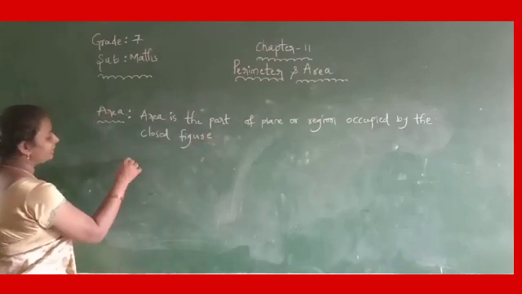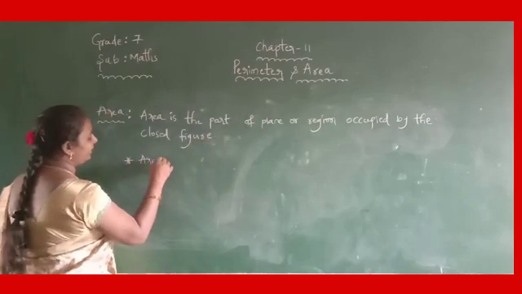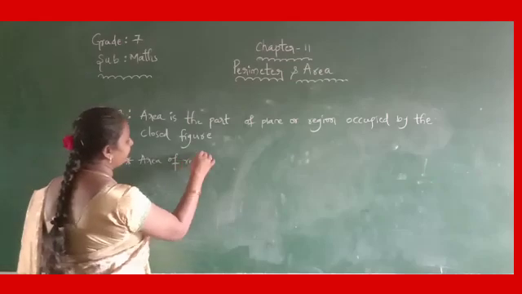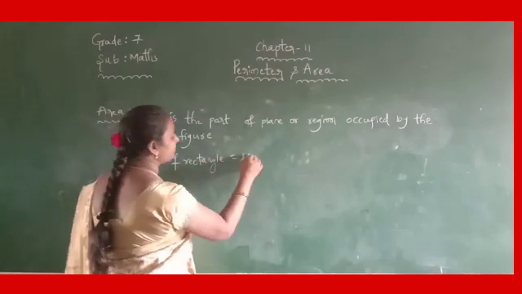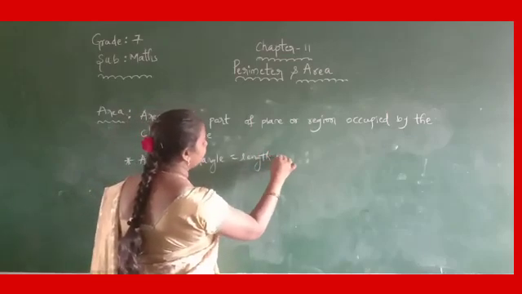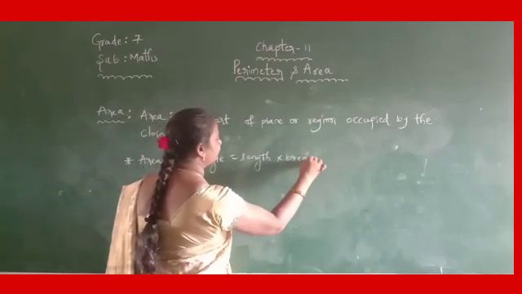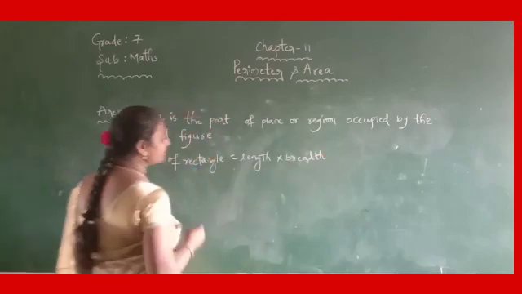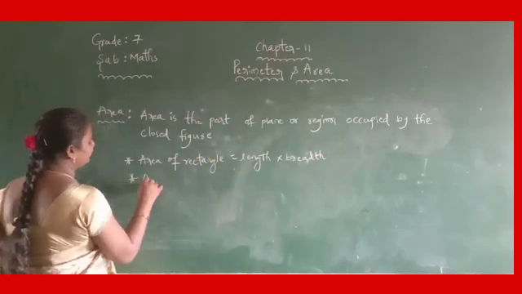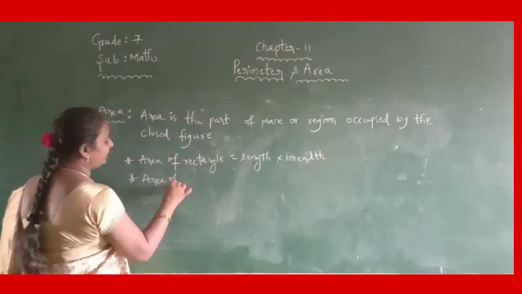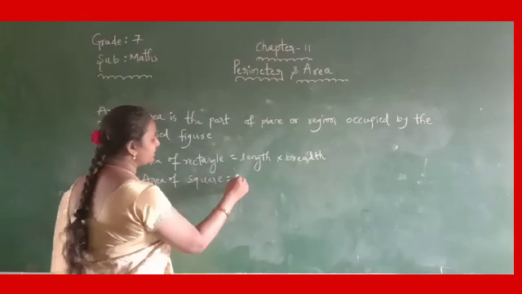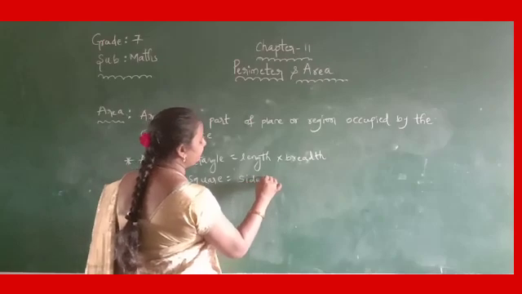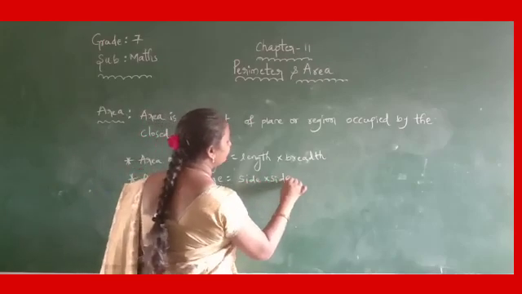Here also you write down area of rectangle. Area of rectangle is length into breadth. Next, area of square. Area of square is side into side.